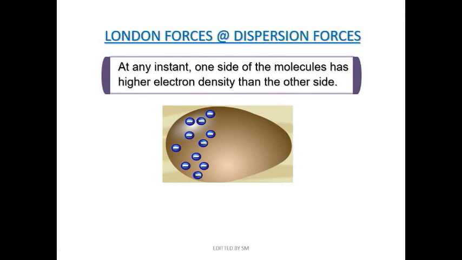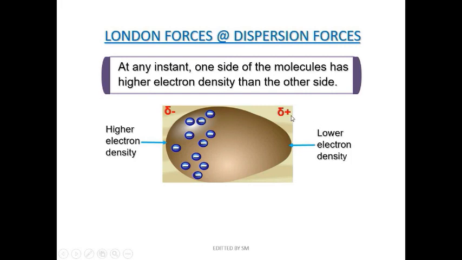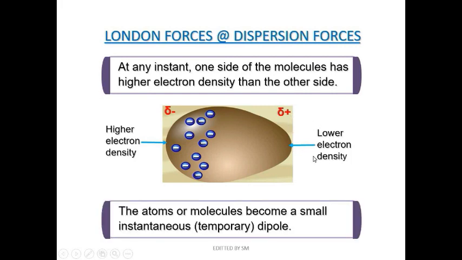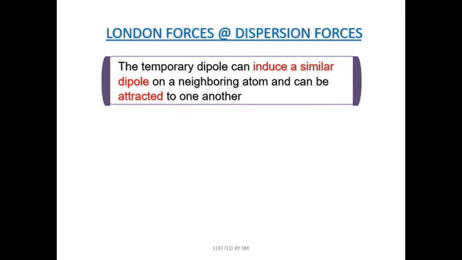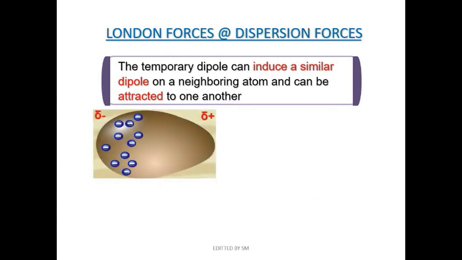In this figure, you can see the side with the higher electron density is partially negative, and the other side, with lower electron density, is partially positive. So the atoms or molecules become small instantaneous temporary dipoles. The temporary dipole can induce a similar dipole on a neighboring atom, and they can be attracted to one another.